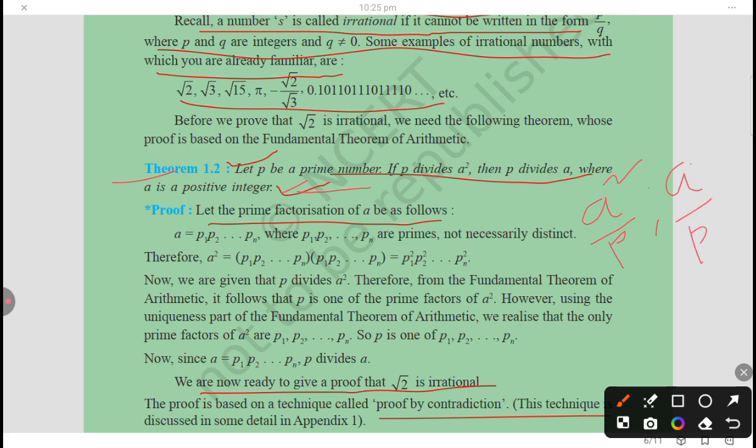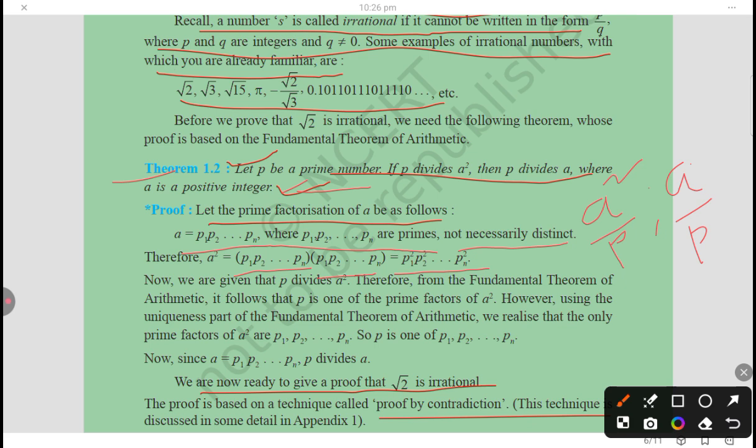So this is the proof. Here they consider a equal to p1 into p2 into and so on up to pn, which are primes, not necessarily distinct. Therefore a square is the multiplication of these numbers, so you will get p1 square, p2 square, up to pn square. Now we are given that p divides a square.